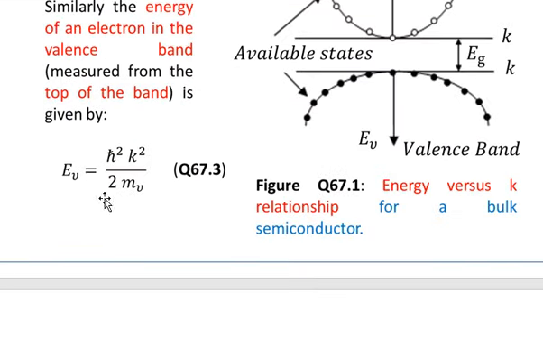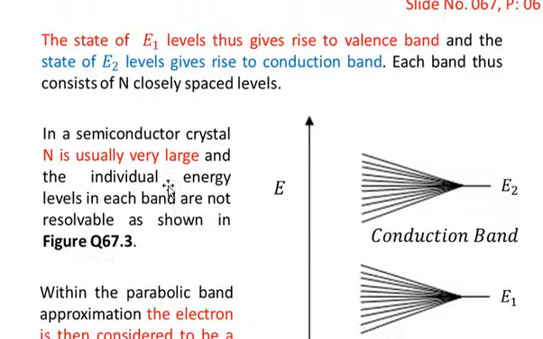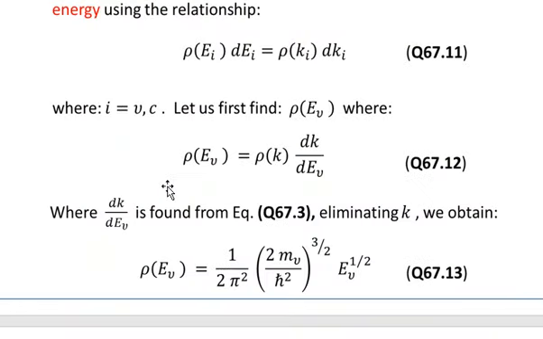You can take the value of EV from equation number 3, or you can also take the value of k from equation number 3. And then you can use these values in this equation, that is dk over dEV, the derivative can be calculated with respect to EV using equation number 3, and we can also eliminate k using the same equation.